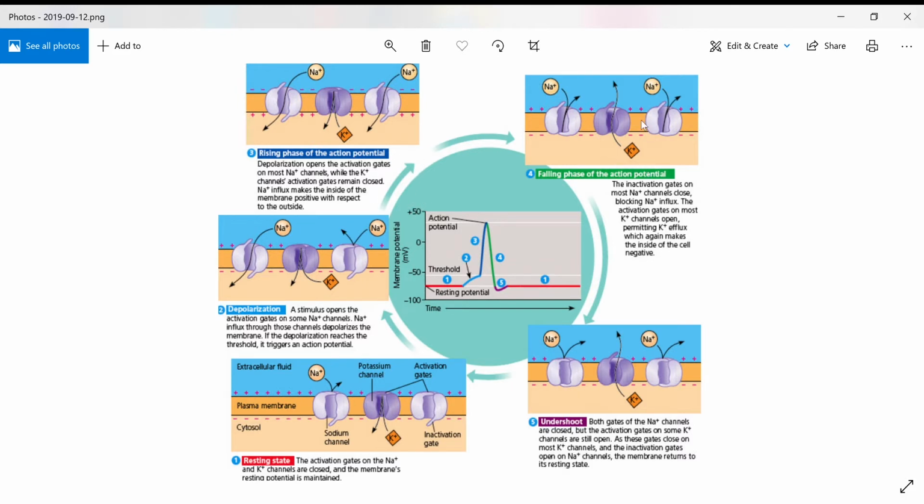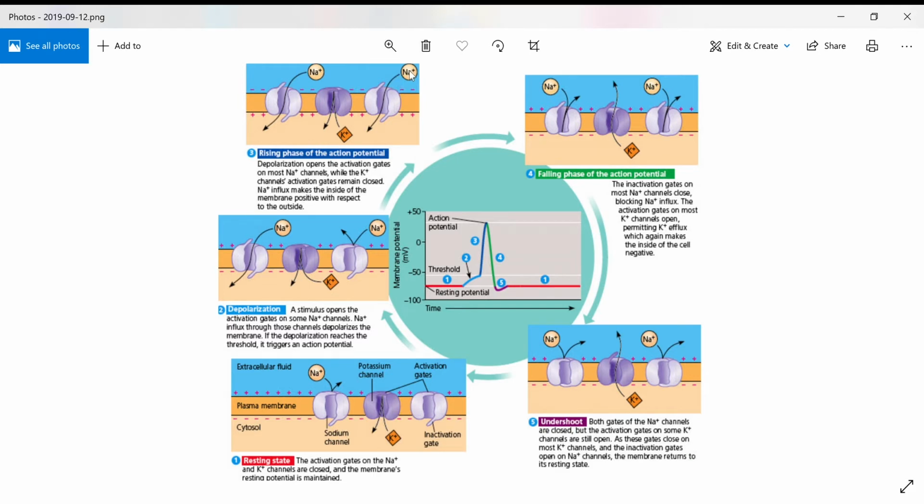Later on, the potassium channels are actually slower in opening their gates than the sodium channels are. The sodium channels are really fast and open and close very fast. But the potassium channels are a little slower at it, and they open them, then they wait a little bit, and then they'll close them eventually. So this downfall right here, this phase number 4, is the potassium channels opening and the sodium channels closing.